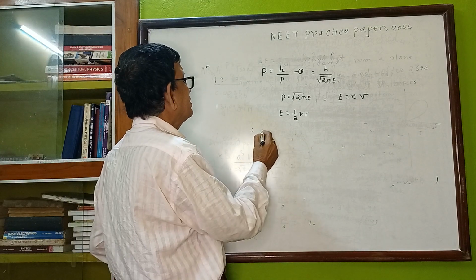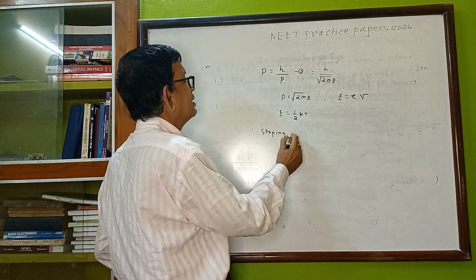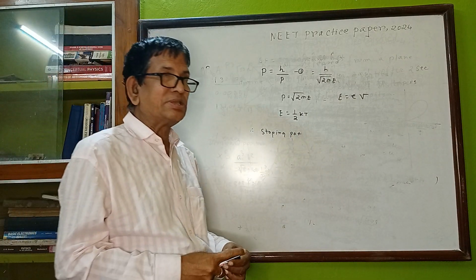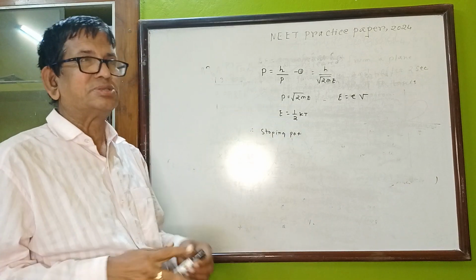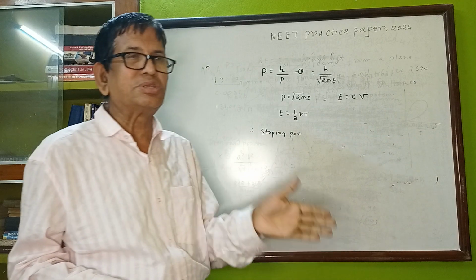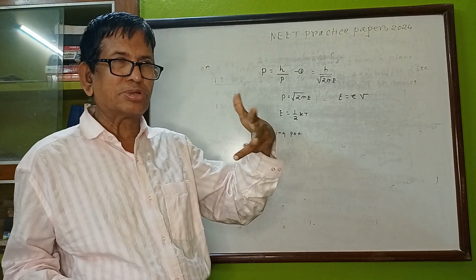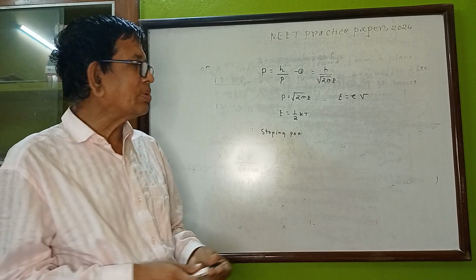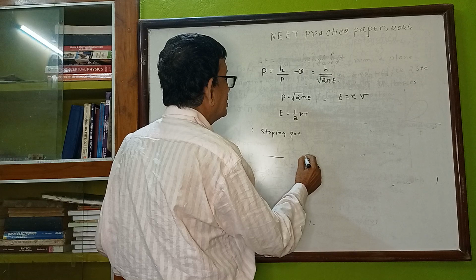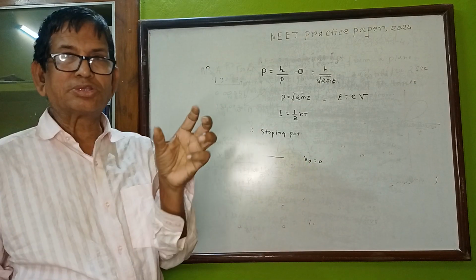And some question is about stopping potential in photoelectric effect. If intensity is increased, stopping potential does not change. Stopping potential is the potential needed to stop the electron from reaching the anode in the photoelectric tube. So stopping potential is directly proportional to frequency. At what frequency is stopping potential V0 equal to 0? Can you tell? That is the threshold frequency.